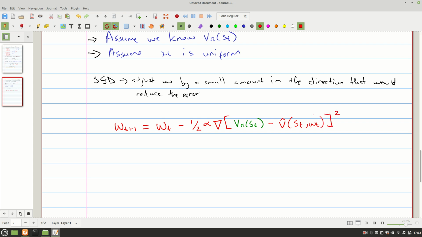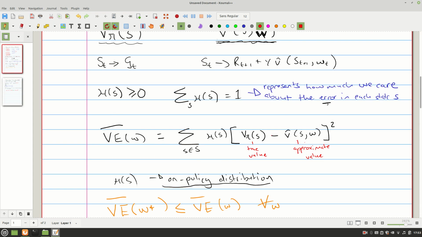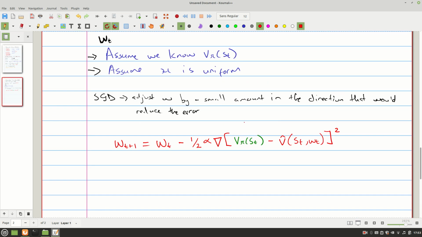If you remember, we had defined this as the mean squared error, but to actually reduce the error, to minimize the error, we need to take the derivative of it, in this case the gradient, I should say. It would be a more accurate description.